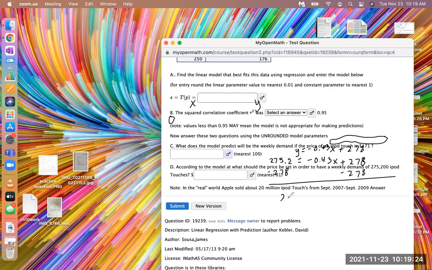So 2.8, right? Because if I add 0.8, then I'll get to 276, but then I add 2 more and get to 278. Okay, 2.8 equals 0.03. And here's where I need to probably keep all those decimals.